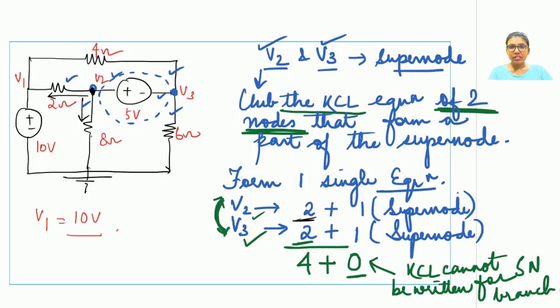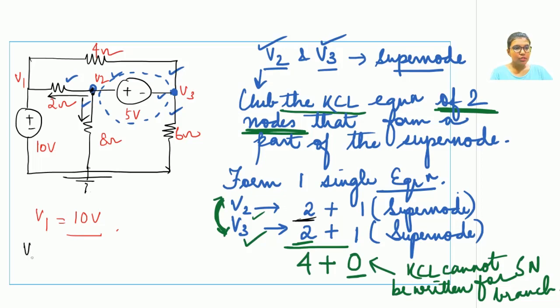The only difference is that one cannot write the KCL equation for that supernode branch. Hence, all the branches associated with the supernodes have to be clubbed together and one single KCL equation is to be framed. So let us write down the equation for the branch connecting V2 and V1.